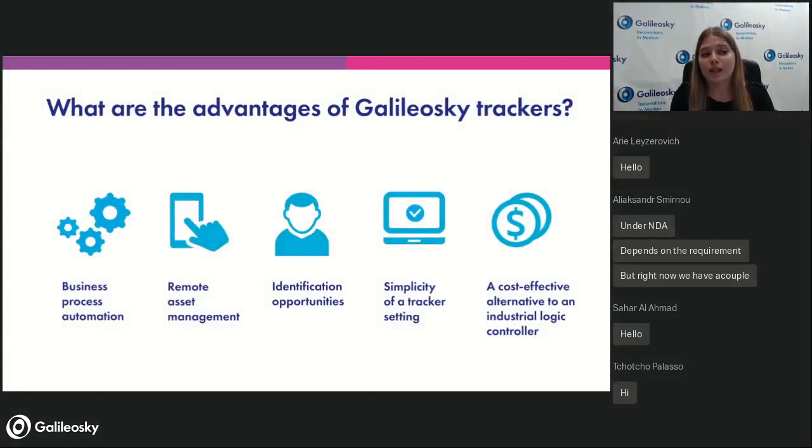Well, let's summarize the main advantages of working with Galileosky hardware. First of all, it allows to automate almost any business process in order to reduce the human factor and increase the accuracy of work and the efficiency as well. Remote control and management are a significant part of automation, of course.